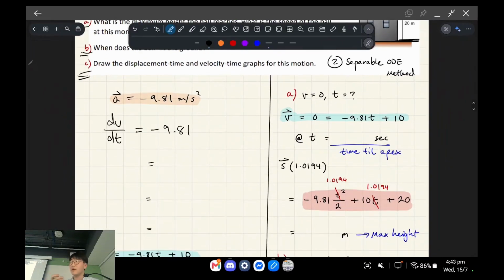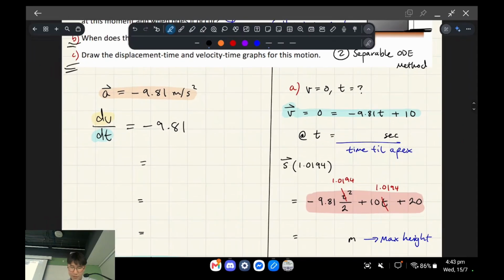Next you have to pretend that dv and dt are like a fraction. And then you treat it as if you multiply both sides by the denominator of that fraction. So we're going to move dt onto the right-hand side.